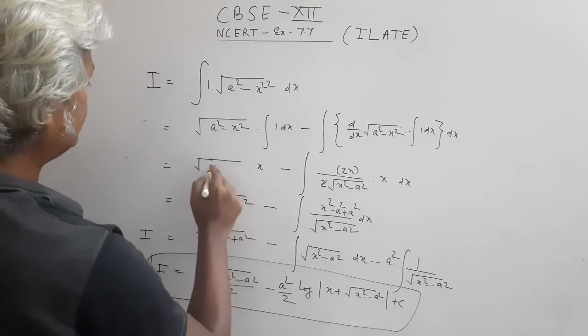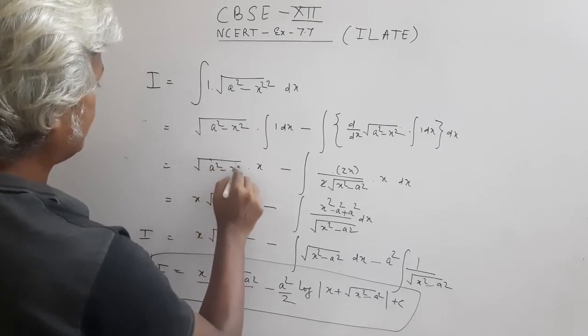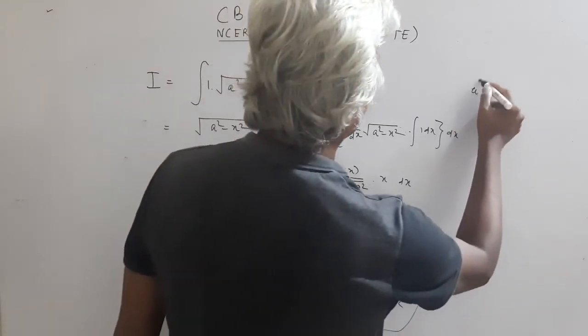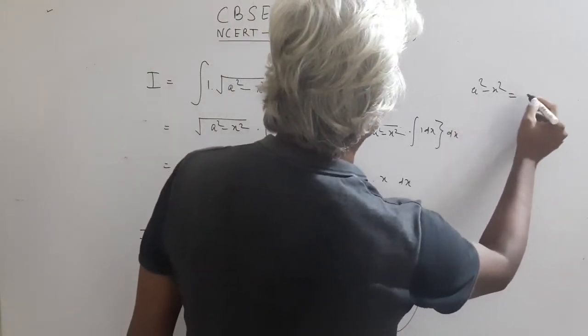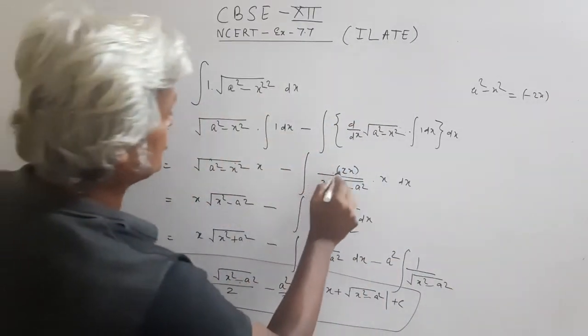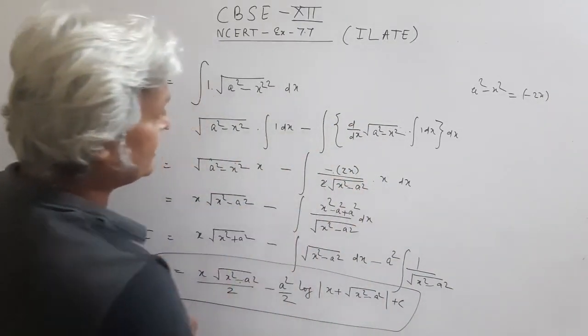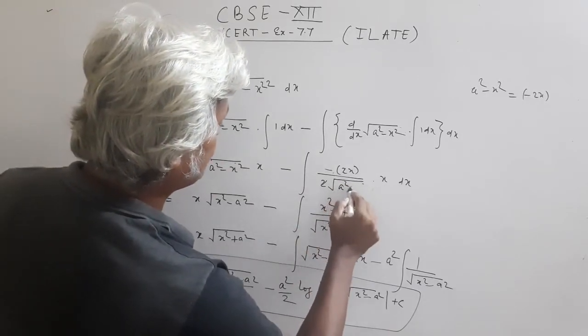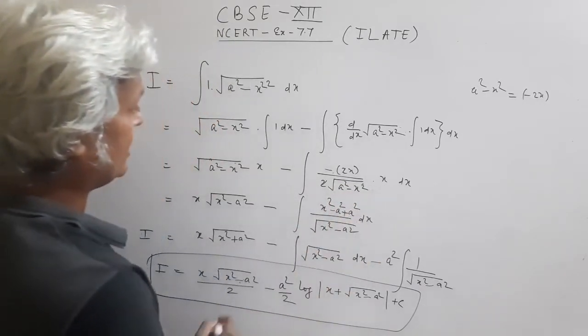Now when you differentiate a square minus x square, you'll get minus 2x. That is the only difference. So this 2x will become minus 2x, and this is a square minus x square.